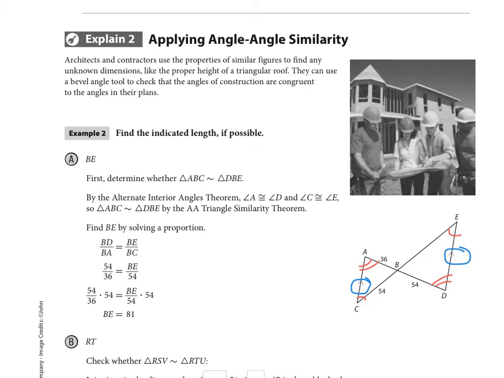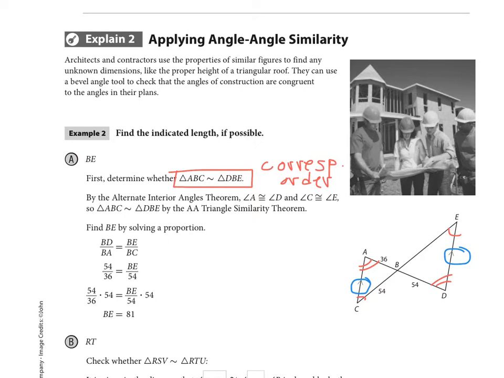So it's important that we write a similarity statement just like we wrote a congruence statement, and that we pay attention to corresponding order for those vertices. Notice that the order is going to match whichever angles are marked congruent. So this goes A, B, C. So what is congruent to angle A in the big triangle on the right? A is marked congruent to D, so D is the first letter.